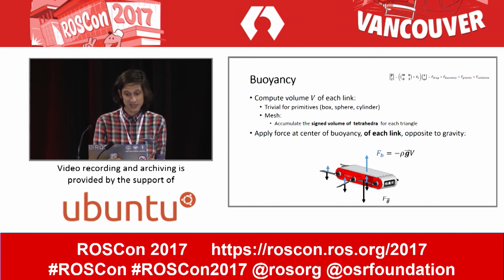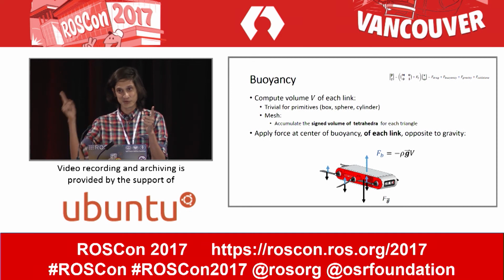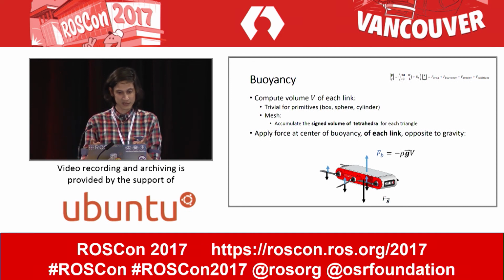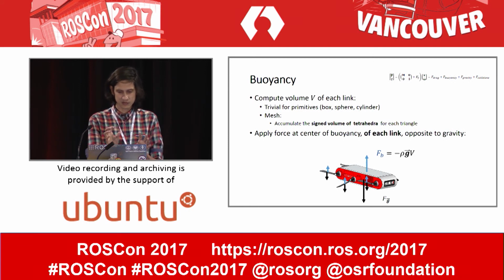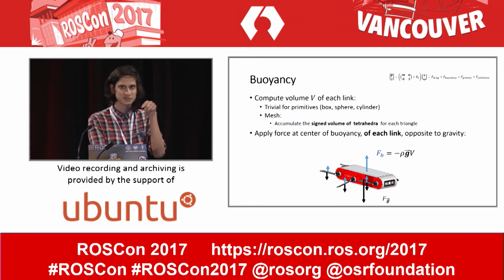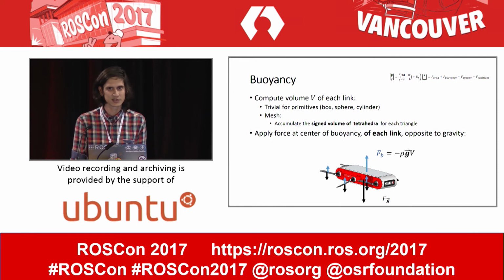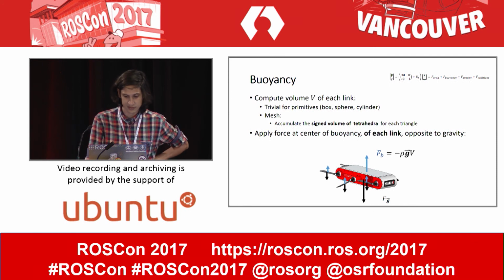Ideally, you should not add 2 different forces like gravity and buoyancy and then integrate that. ODE internally integrates gravity separately, so we should be putting buoyancy there. But since that's not directly available through the Gazebo API, we just did it with an external force.